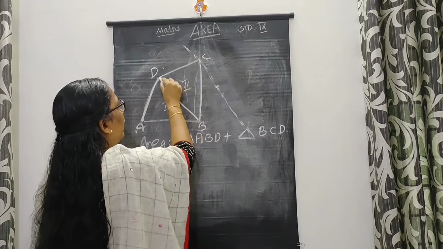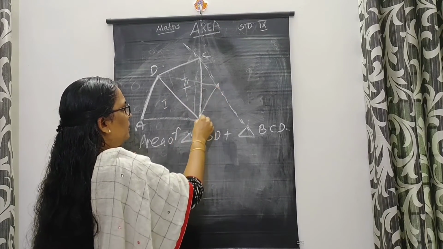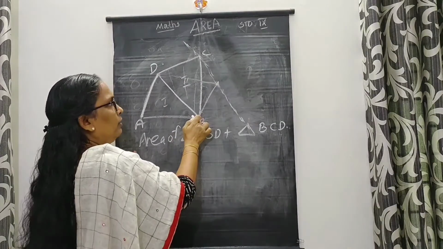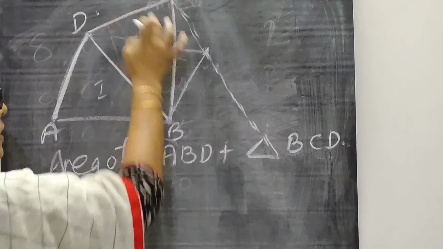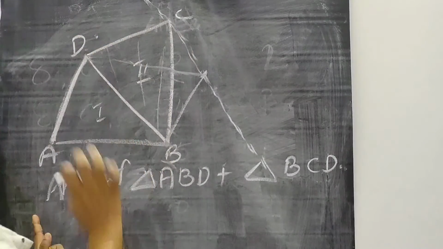Suppose that here is the point. If we join like this, we get another triangle with the same area as the first triangle BDC.